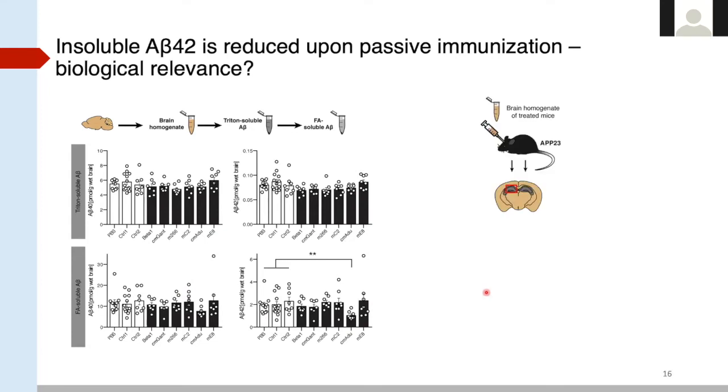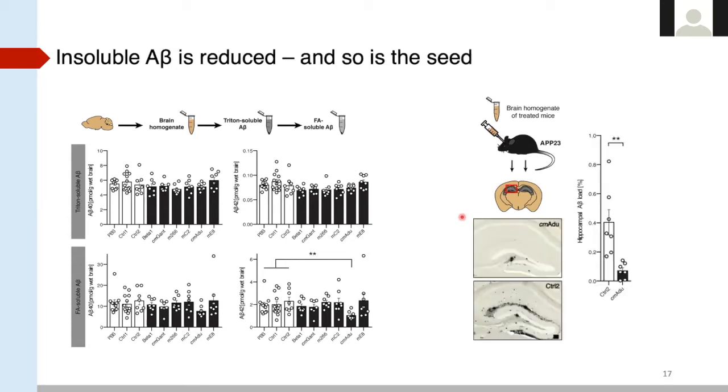But we did not know if this had any biological relevance. So we used the brain homogenate from the treated animals, ADO and control, and injected it into the hippocampus of APP23 host mice. This is a very established method to test for biologically active A-beta. And in fact, here you can see the hippocampus injected with ADO-treated homogenate, and the other one was control.